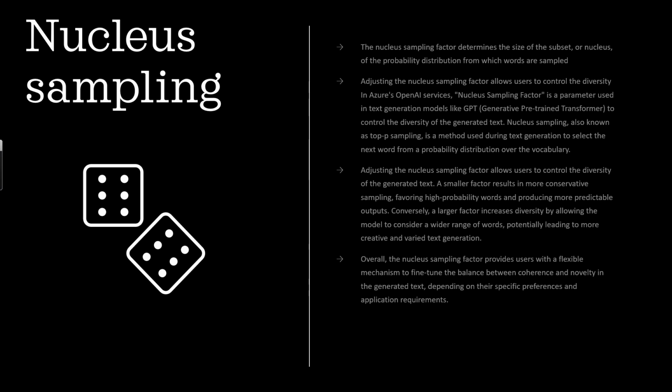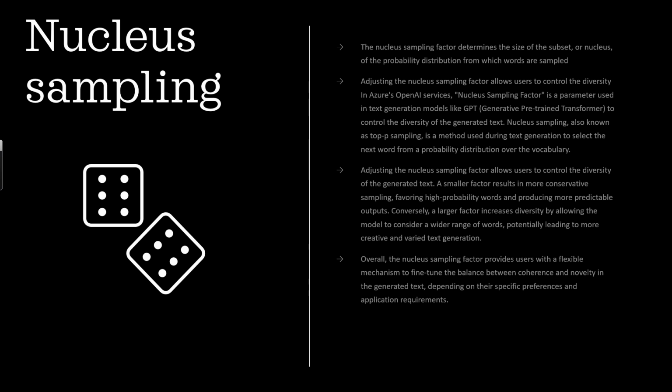This method is used for text generation and to select the word from the probability distribution over a vocabulary. So when I say that, this also in fact manages the creativity. Understand this, when you adjust the temperature, you might not want to adjust the nucleus sampling because you cannot use both of them. I would rather use the temperature at times because that also gives me control over the randomness.